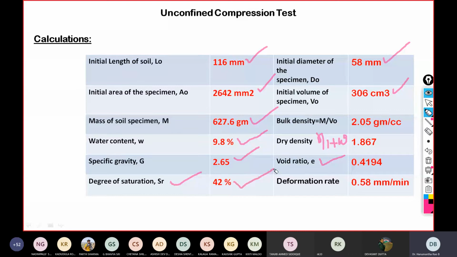It's not fully saturated, so the test has been conducted at 42%. It is up to you. We can saturate the sample up to 100%, or you can directly conduct the test at that particular saturation. Both things are welcome. Then the test was conducted by fixing the strain rate at 0.58 millimeter per minute.